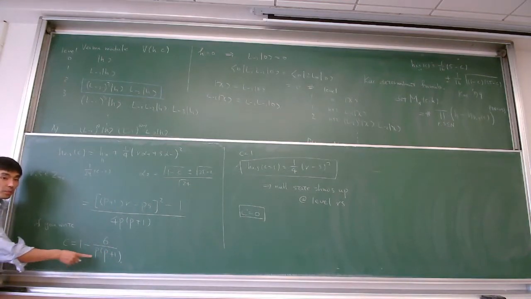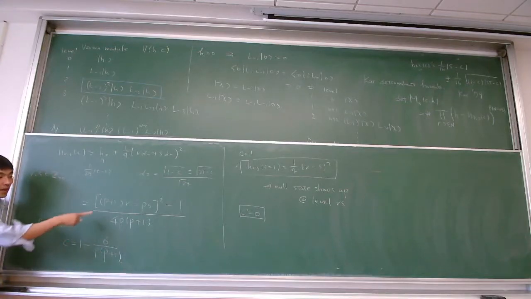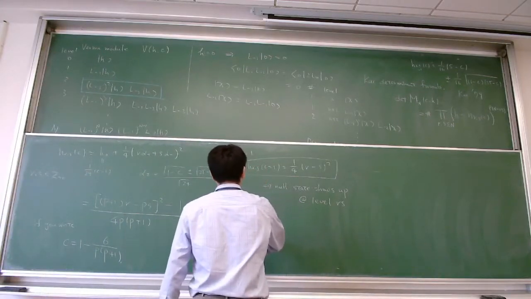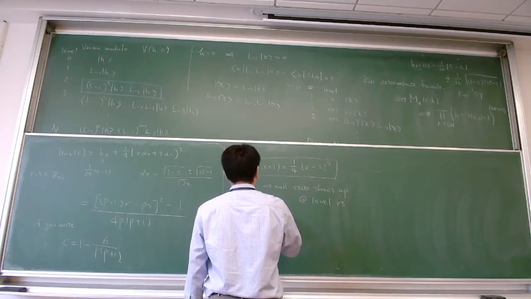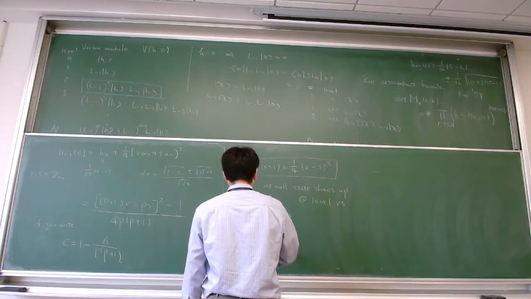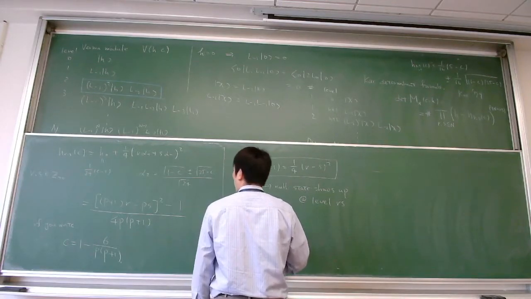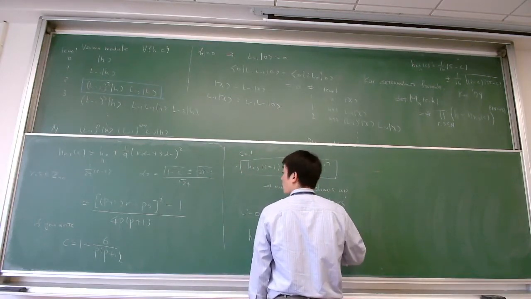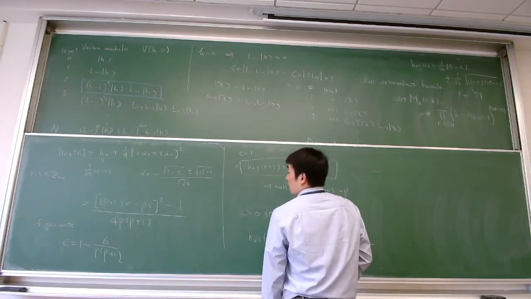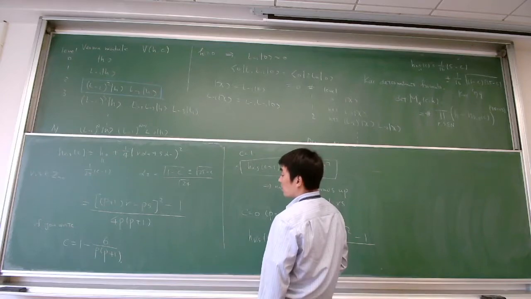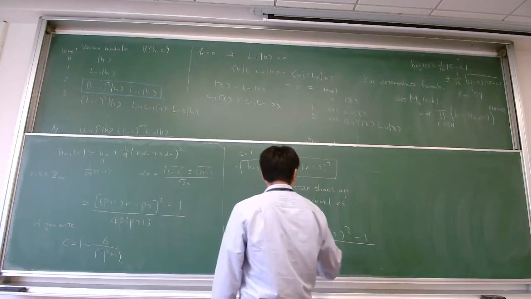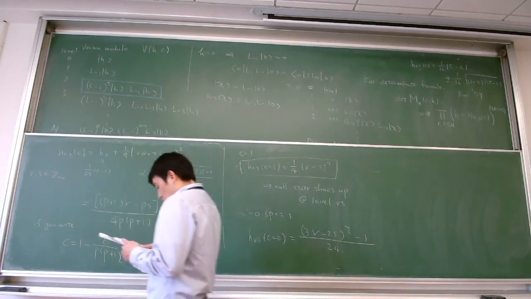So c equals 0 means p equal to 2, and h_{r,s} at c equal to 0 is (3r minus 2s) squared divided by, my brain is not working, 2 times 3 times 4 is 6 times 4 is 24. Good.